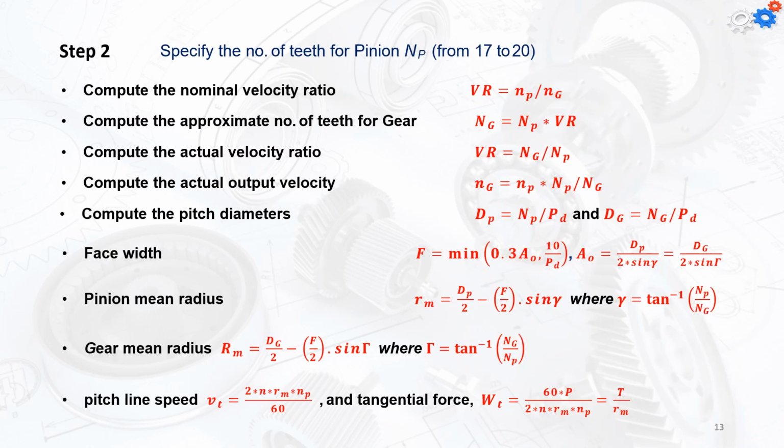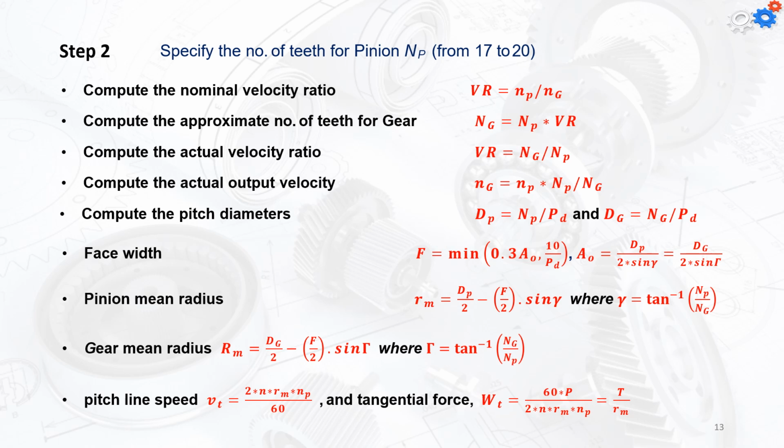The second step is specifying the number of teeth for the pinion. This can be anything in the range of 17 to 20 teeth. So we can compute the nominal velocity ratio, the VR, and the approximate number of teeth for the gear.